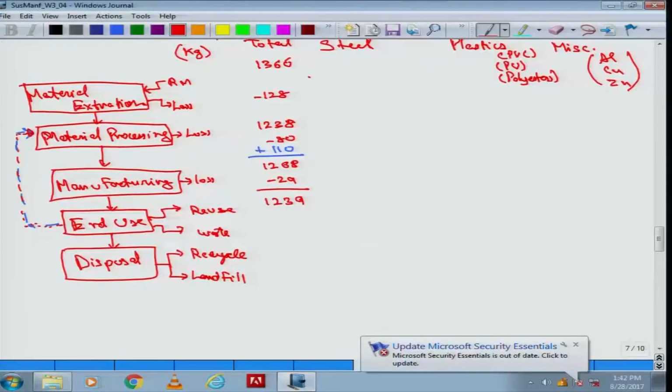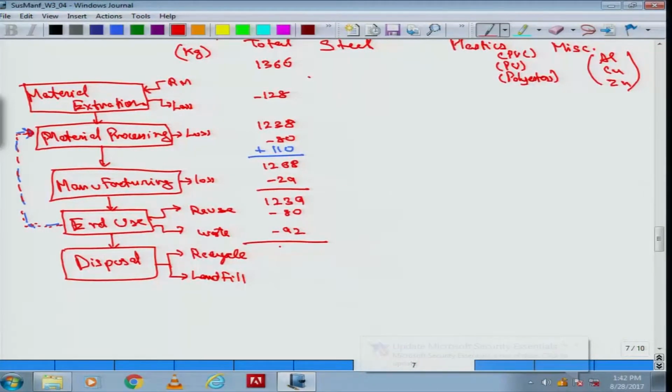So this was 1239. In this case reuse and waste were 80 kgs and 92 kgs, and final disposal of the product, when it happened, it was 987. Now the person who conducted this study in 1990 is Douglas Gilley, and he is from the US.